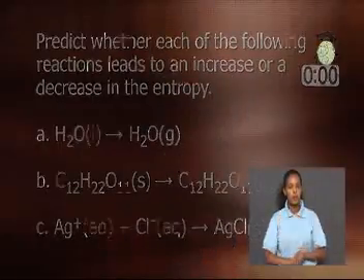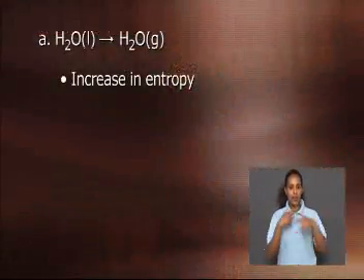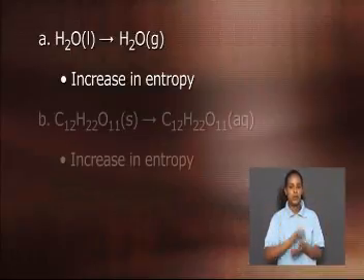Time's up. Let's get back to our lesson. Welcome back, students. Were you able to predict whether each of these reactions leads to an increase or decrease in the entropy? Reaction A leads to an increase in entropy.